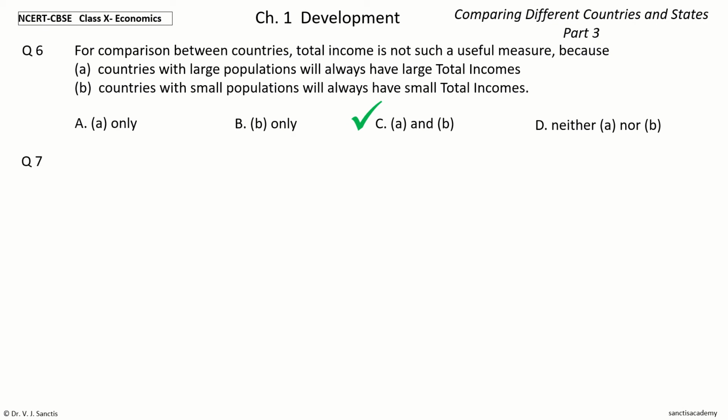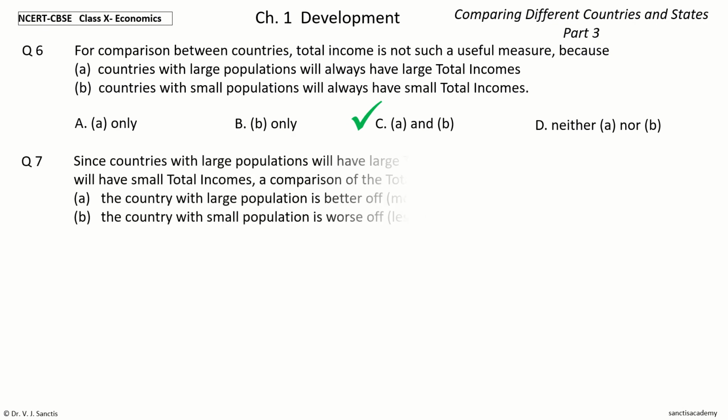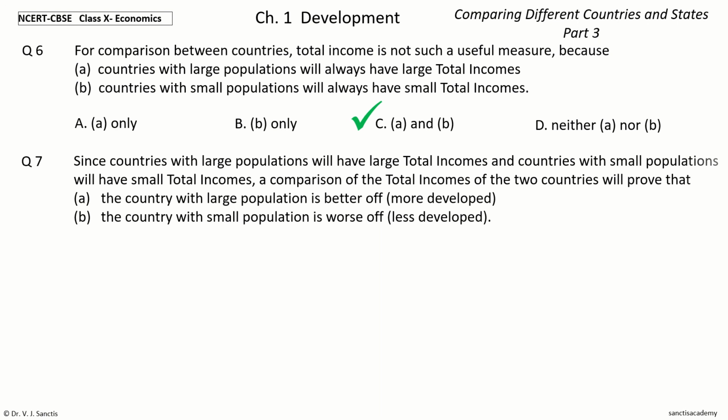Next question 7. Since countries with large populations will have large total incomes and countries with small populations will have small total incomes, a comparison of the total incomes of the two countries will prove that A. The country with large population is better off, more developed.